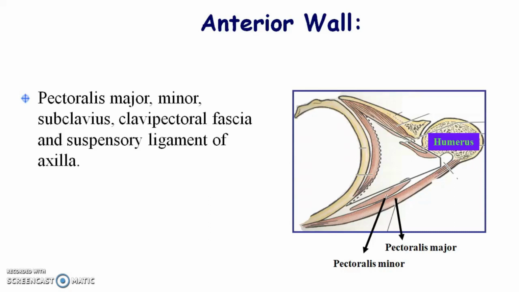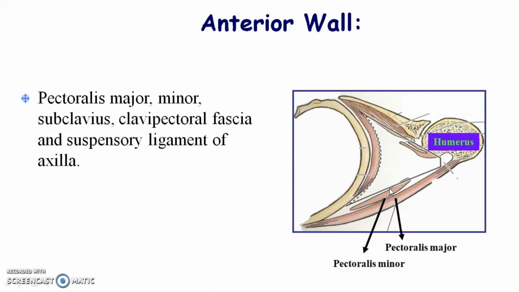The anterior wall of the axilla is formed by skin, superficial fascia and pectoral fascia, along with the muscles such as pectoralis major, pectoralis minor, subclavius, clavipectoral fascia and suspensory ligament of axilla. In this picture also you can see clearly the muscles such as pectoralis major.